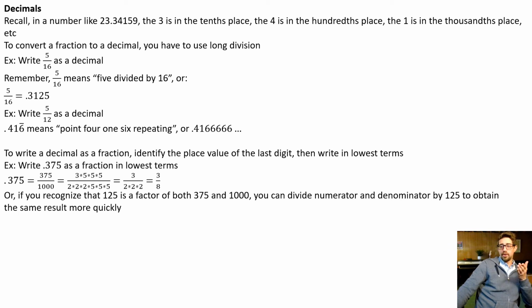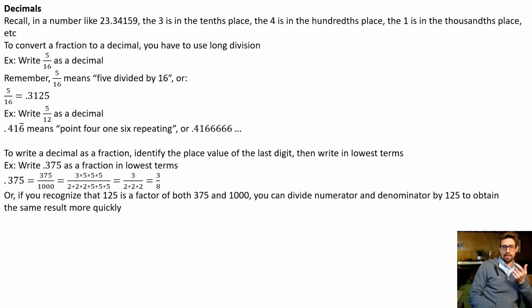Or, you know, there's usually a faster way to do it, especially once you start doing it more and get better at it. So if you just noticed off the top of your head that 125 was a factor of 375, right? 125 times 3 is 375. And then maybe you could also reason out, oh, actually 125 times 8 is 1,000. So you could have just picked the biggest common factor.